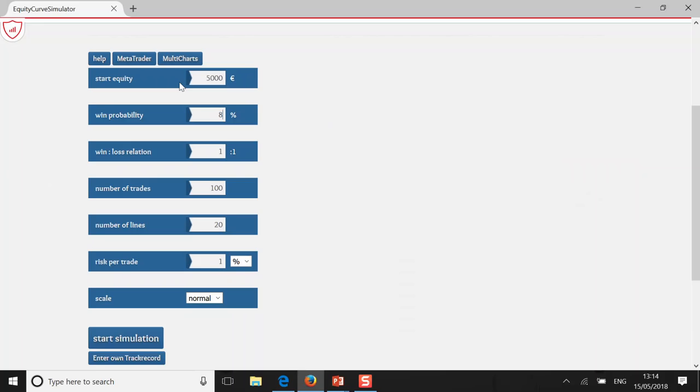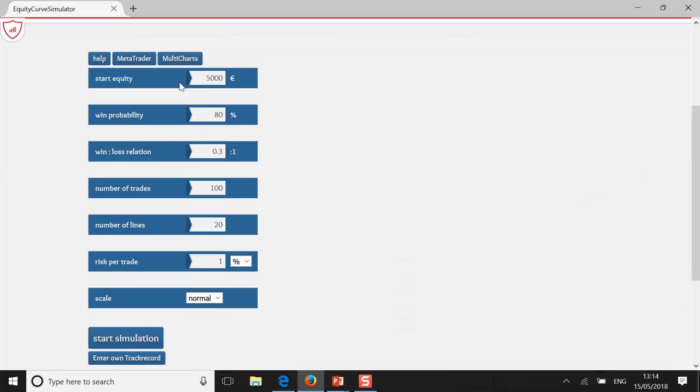So if the win rate is 80%, you're risking 3 to make 1, which in the reverse is a 0.3 to 1 reward to risk relationship.